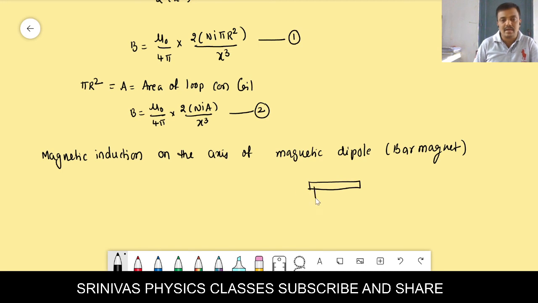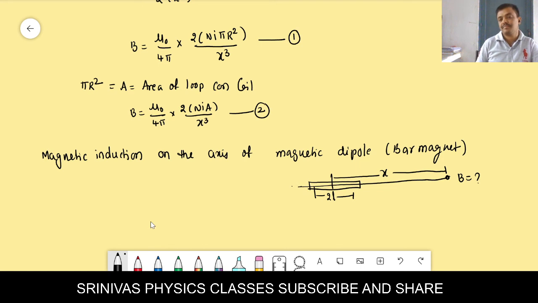This is the magnetic dipole. Its length is 2L. This is the axis of the magnetic dipole, and at this point I want the magnetic induction, and we can consider that the point is at distance x from the center of the dipole magnet.